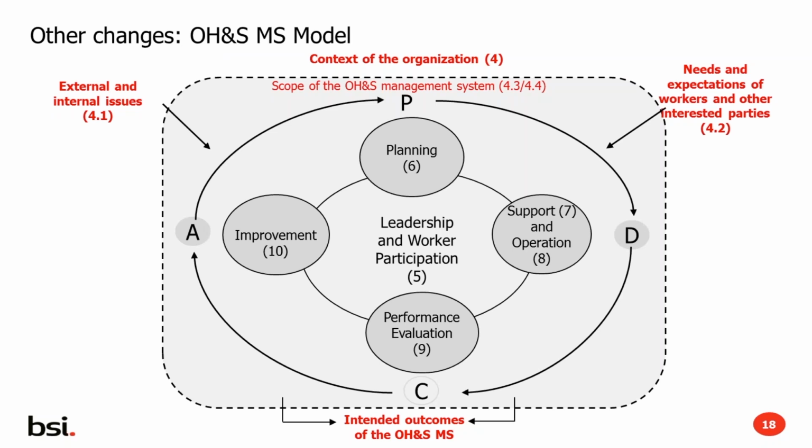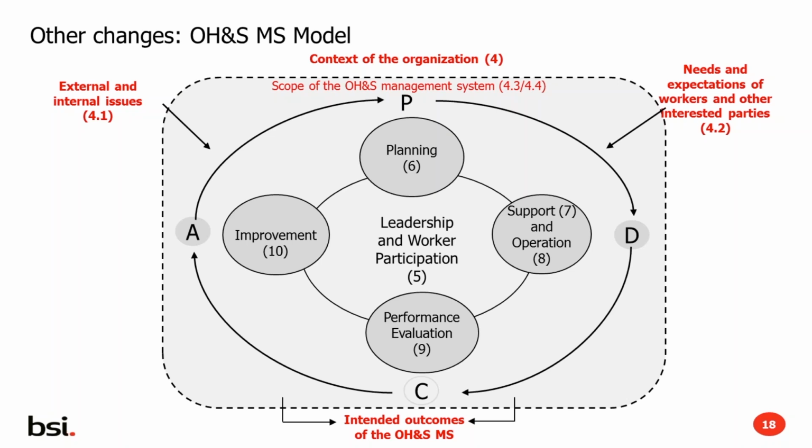Now, this is the overall model for the 45,001, where on the outside of the box, there's the context of the organization that needs to be determined before you can define the scope of your occupational health and safety management system, which is the box itself. So the dotted lines represent the scope of your management system.